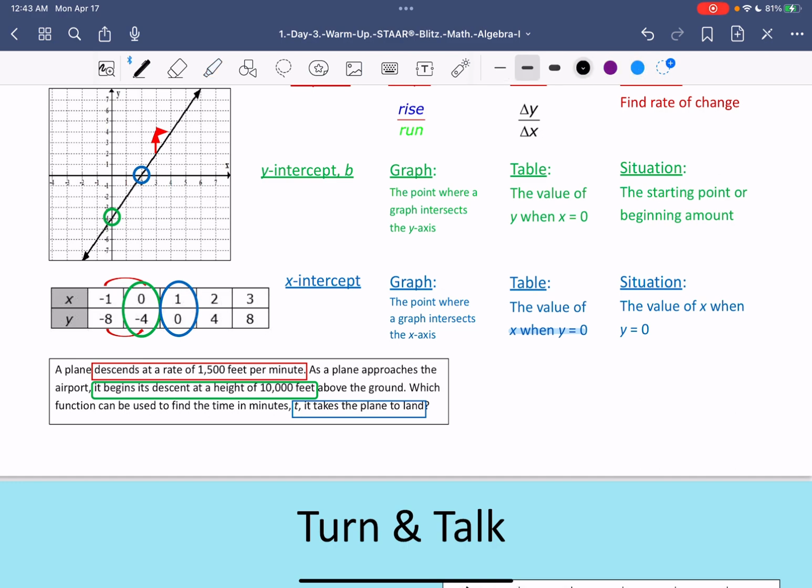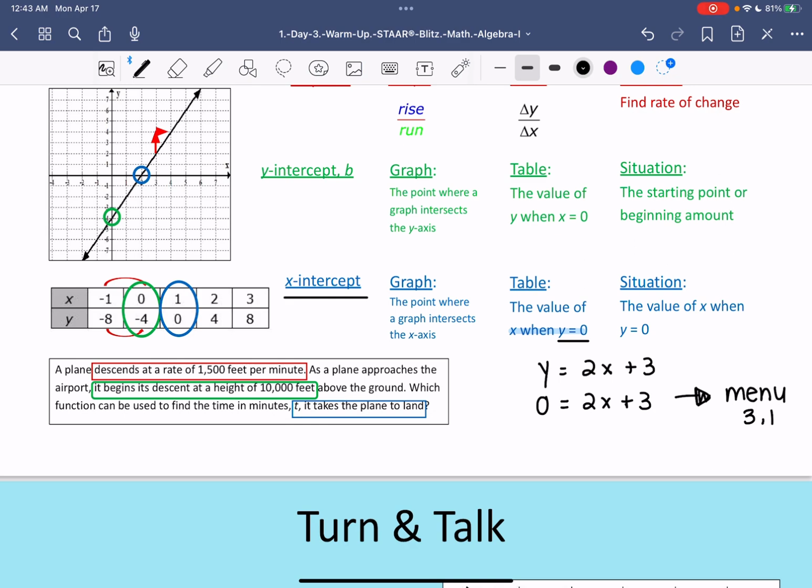Like if my equation was y equals 2x plus 3, I would plug in 0 for y and solve for x. Remember when we solve for x, we can do menu 3-1. You will have a question asking for the x-intercept, and you can't necessarily graph it and find it. So I would just plug in 0 for y and solve for x.